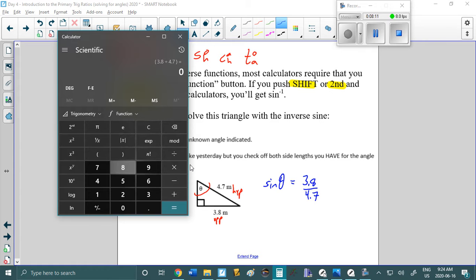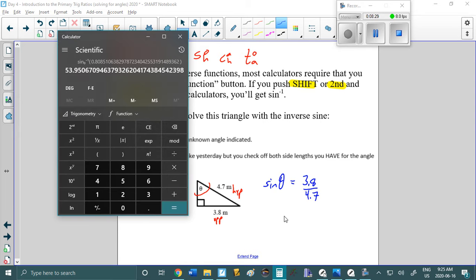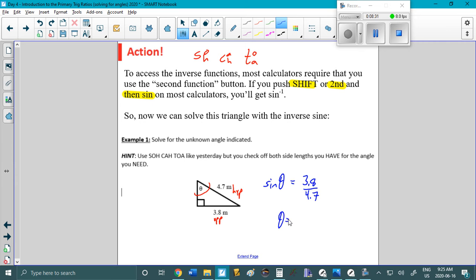So just do this until you figure it out on your calculator. So for us one-line people, 3.8 divided by 4.7. And I do encourage you to use the calculator you will use next year, because otherwise next year is going to be unnecessarily difficult.